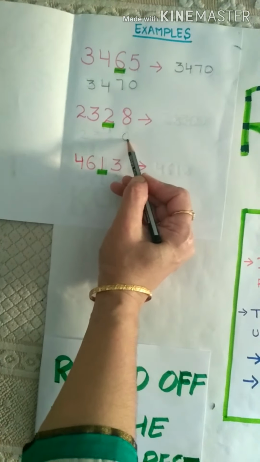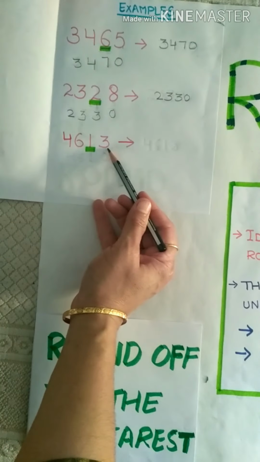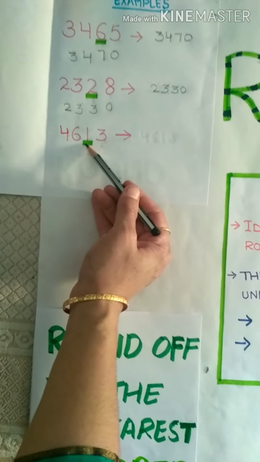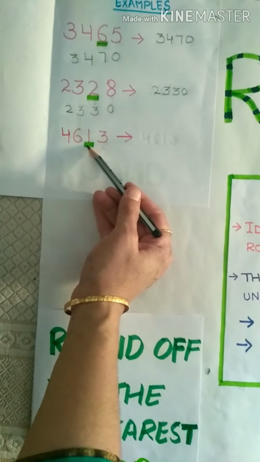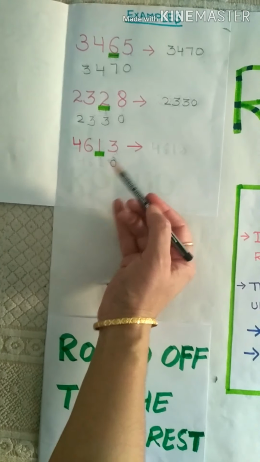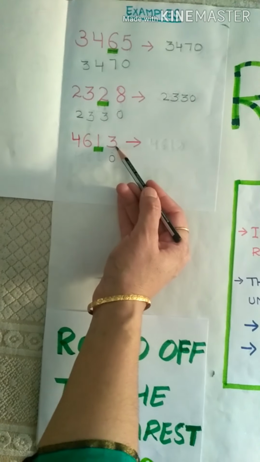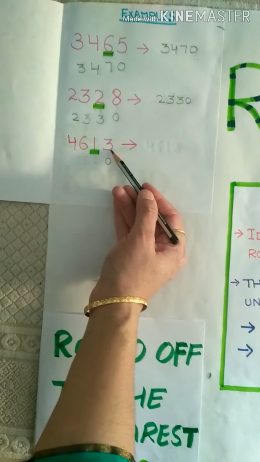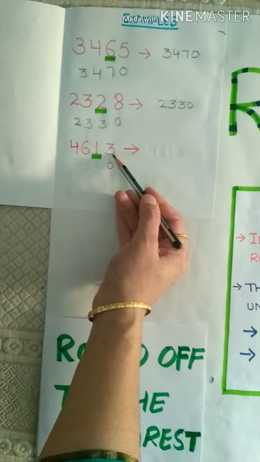Now move to the third example. Here the number is 4630. Again, the digit at the tens place is 3. So we underline this. Then write 0 at the ones place. Then the next step is to see the number at the right side. Here the number is 0, which is less than 5. So what do we have to do?